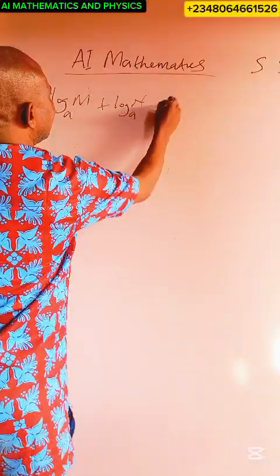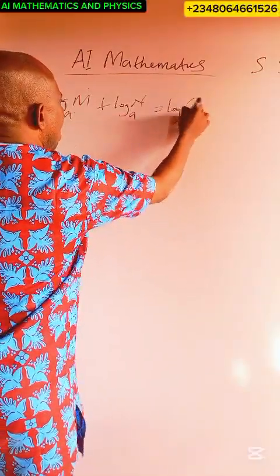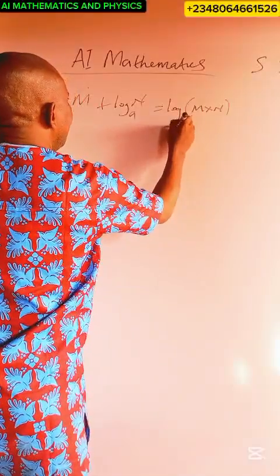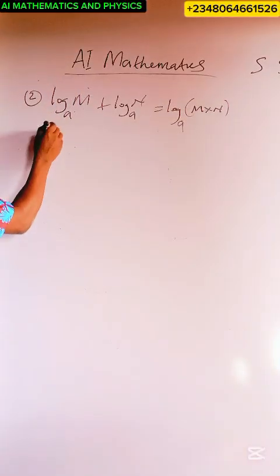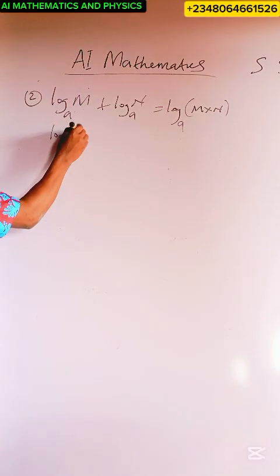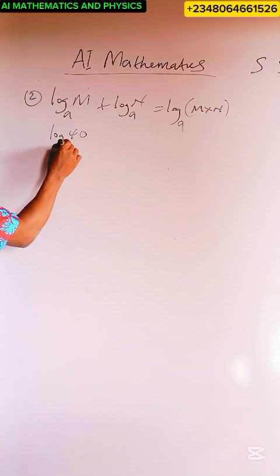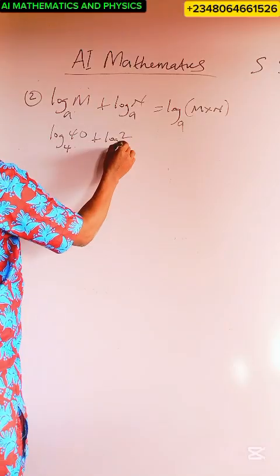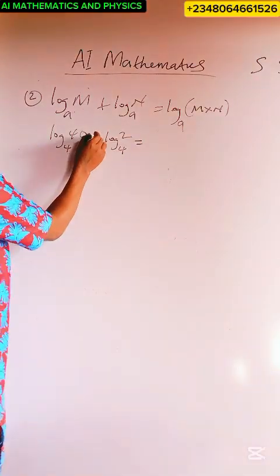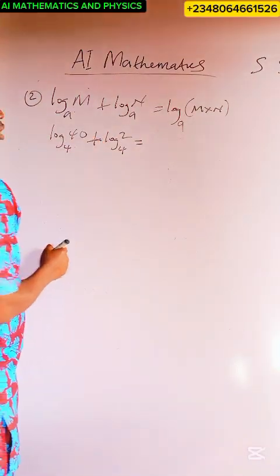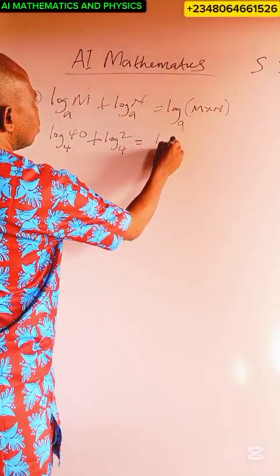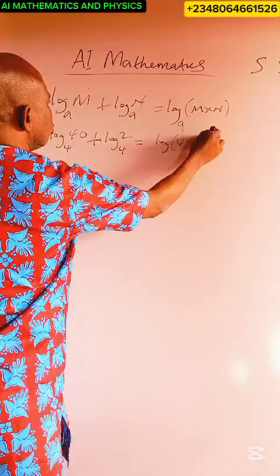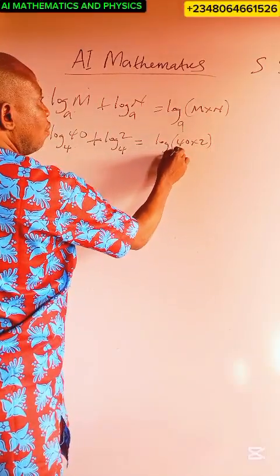Just extend like this: log m times n base a. Let's say you have log 40 base 4 plus log 2 base 4. Because we have addition in between them here, you have log 40 times 2 base 4.